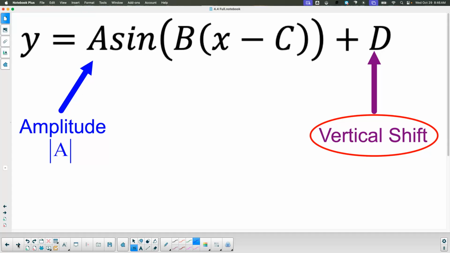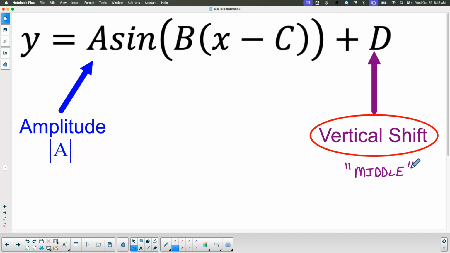Amplitude is your vertical stretch. D value on the end is your vertical shift. It is in control of the middle. Okay? The D controls your middle.